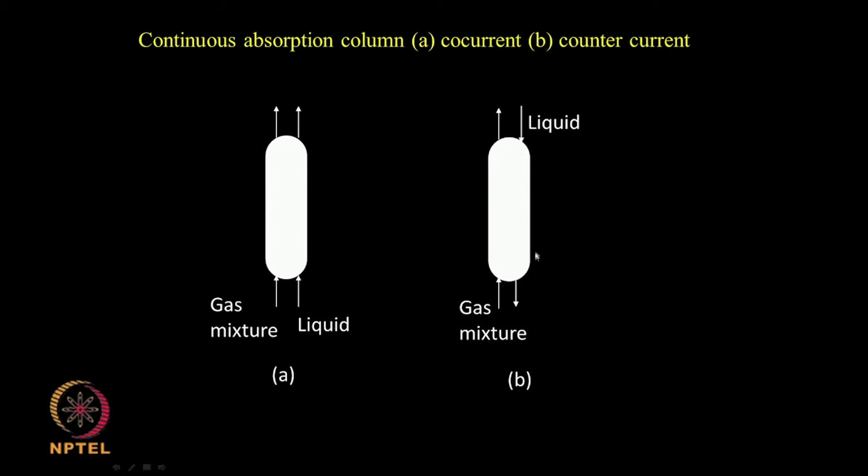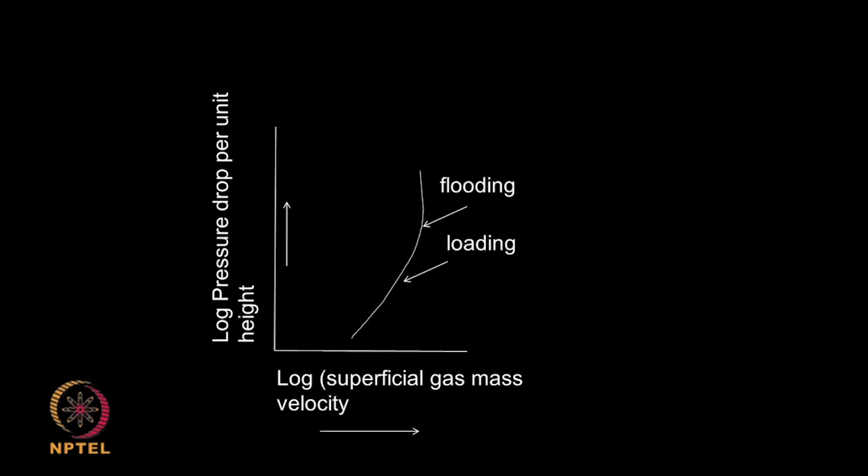Whatever gas you are interested in collecting, it could be carbon dioxide or carbon monoxide, is collected. So, the gas that is leaving will be devoid of that, and you will get the liquid at the bottom with that particular gas absorbed. This is a very useful technique because from an environmental and toxicity point of view, you would like to collect a gas leaving a fermenter, and you do not want it to be vented out in the open.